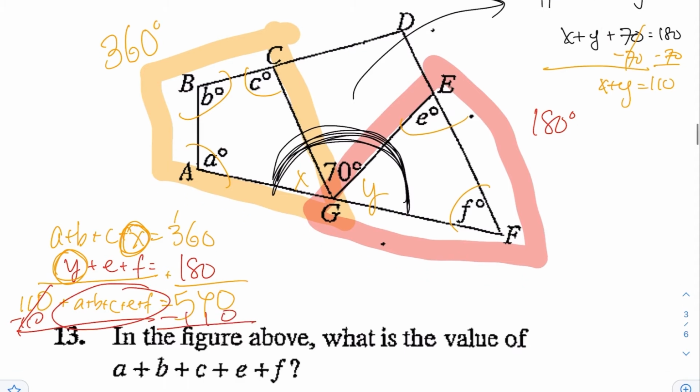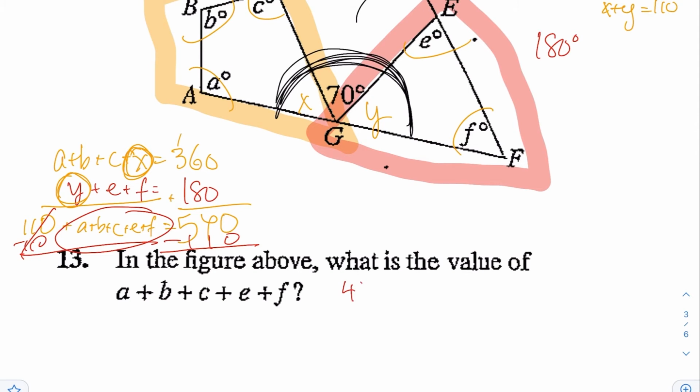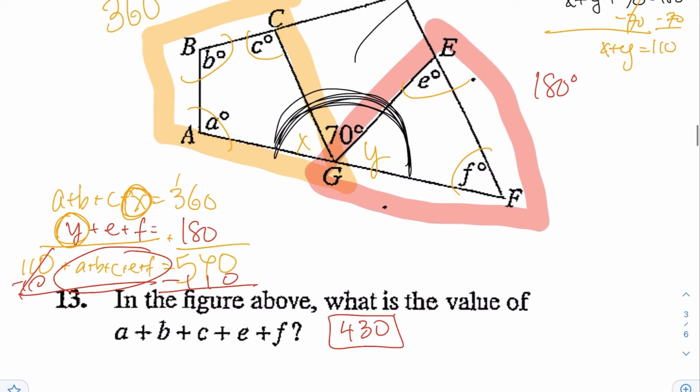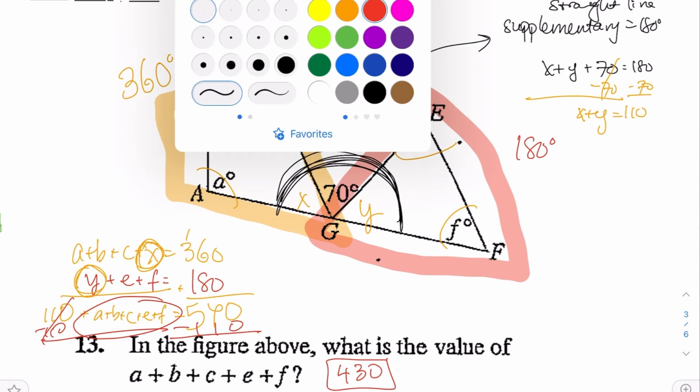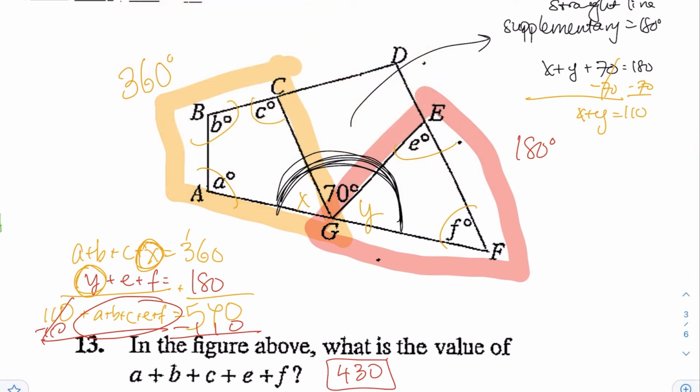So when you subtract 110, you will get 430 as the sum. So you come up with an equation using these shapes found on this large quadrilateral.